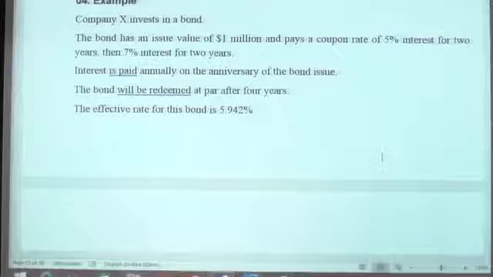That means the first year you have coupon interest of 5%, meaning 50,000. Am I correct? Second year also you have 50,000. But third year and fourth year you will have 70,000. Is it clear? Interest is paid annually on the anniversary of the bond issue. The bond will be redeemed at par after 4 years. The effective interest rate is already calculated as 5.942. Clear?